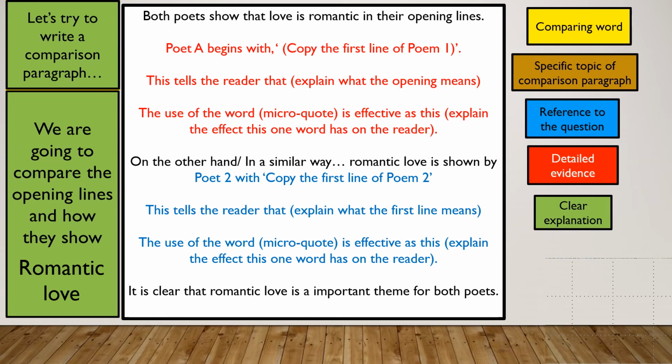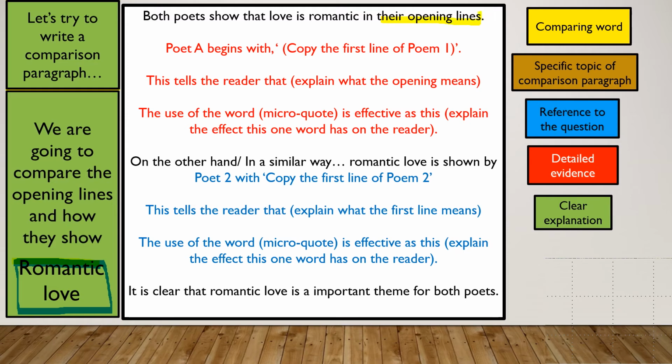So here is a structure to how you're going to write your comparison paragraph. First thing is that we are focusing today on romantic love. So that means we are only thinking about this particular topic, which is what the question is about. And in this particular paragraph, it's also worth noting that we're only looking at opening lines.